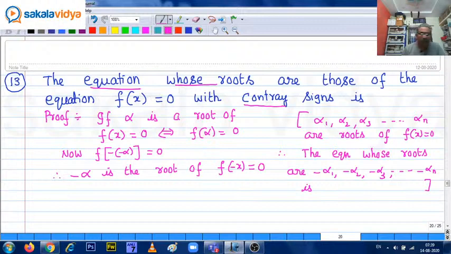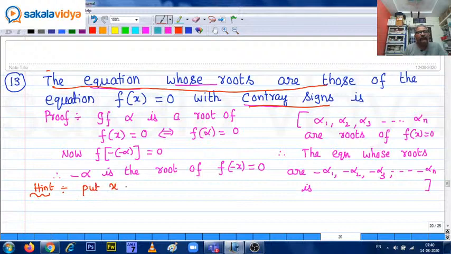That means a very simple technique you can follow. Hint, remember: to get the equation whose roots are those of contrary signs, put x for minus x.